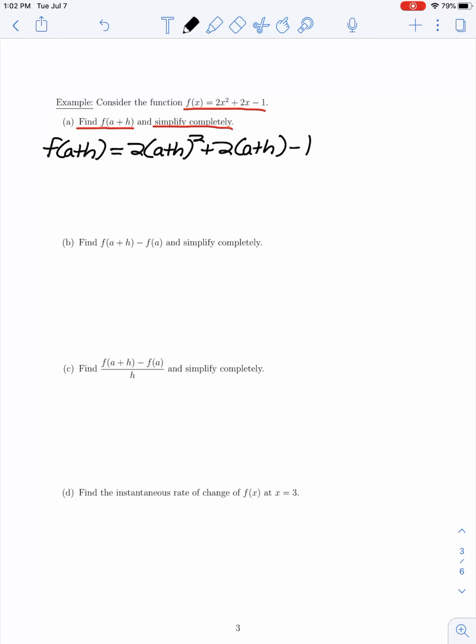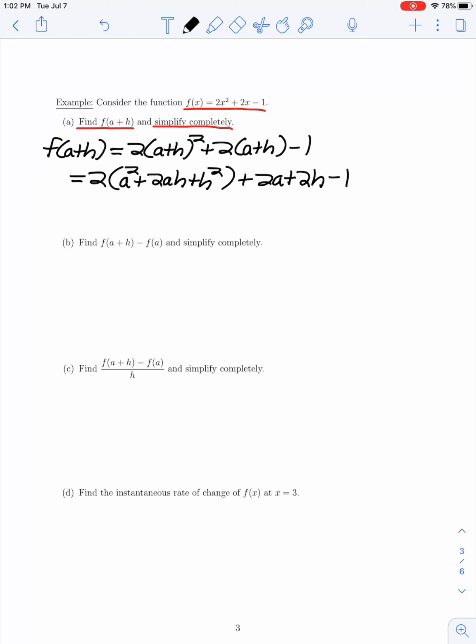So expanding our (a plus h) squared term, we have 2 times a squared plus 2ah plus h squared, plus, when we distribute our constant 2, we have 2a plus 2h, and then minus 1.